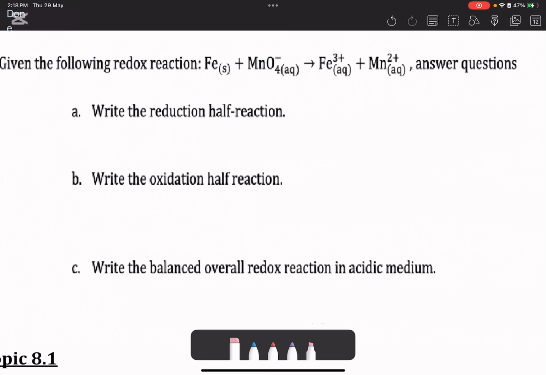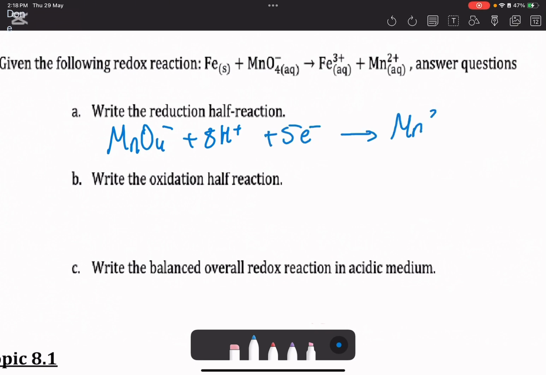So that is a reduction, MnO4 minus, and 8 H pluses, plus 5 electrons, giving Mn2 plus and 4 H2O. Now, an important thing, since in this question they gave you the physical states, make sure that you don't miss them out.